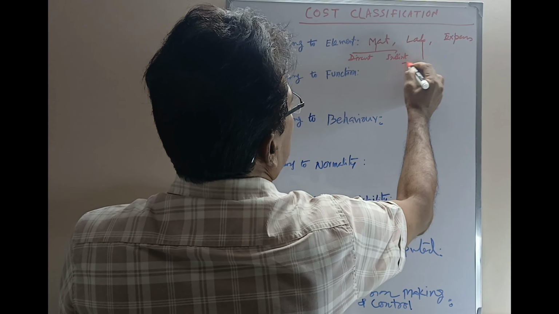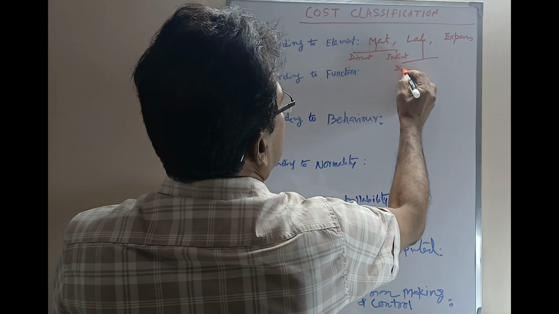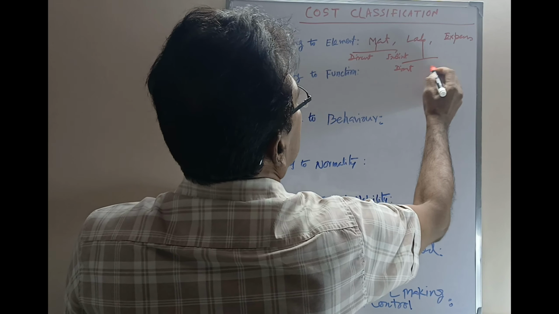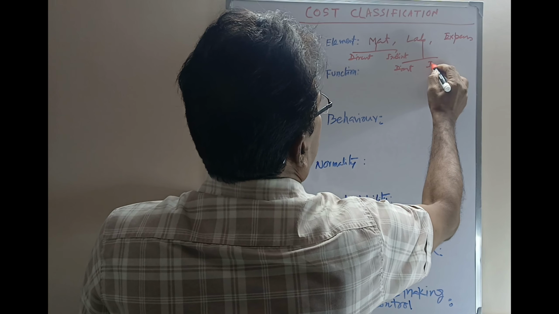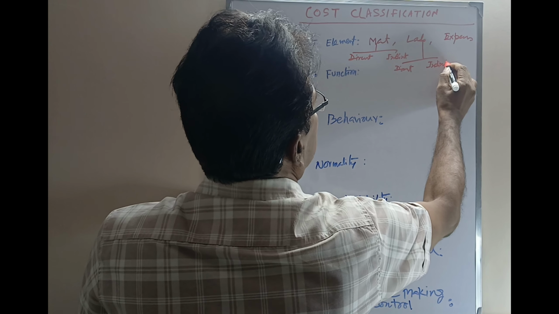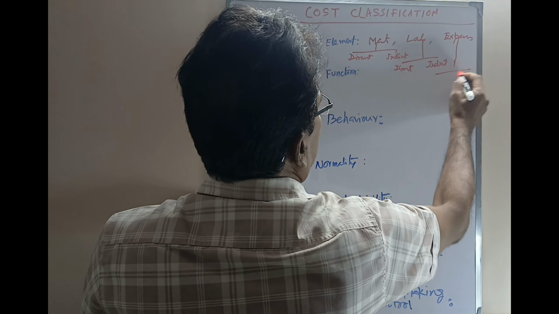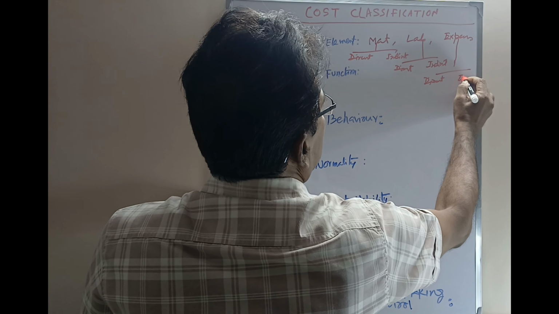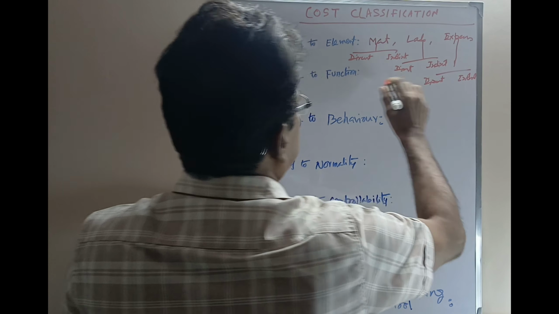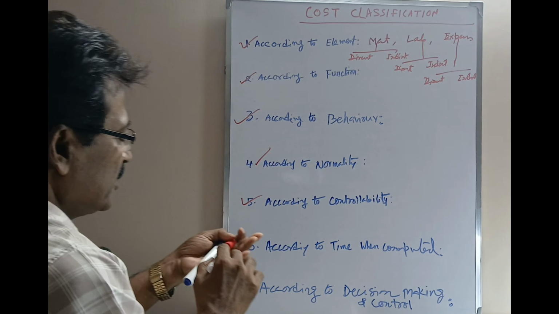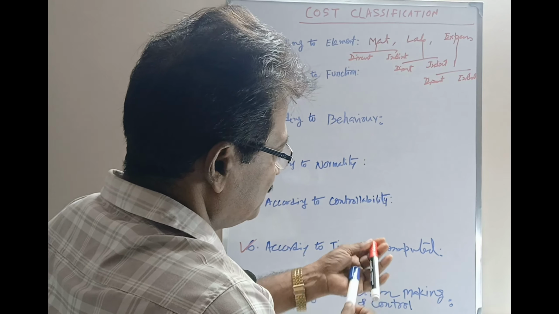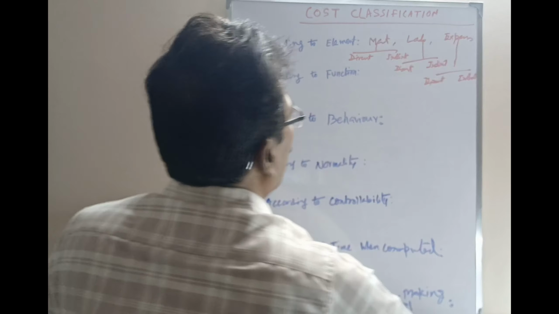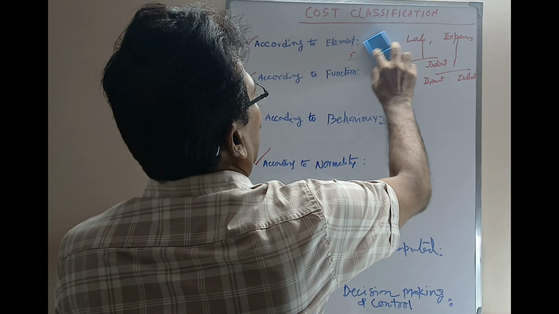Labor is also divided in the same way: direct labor and indirect labor. Expenses are also divided in the same way: direct expense and indirect expense. These elements of cost we have already discussed in detail in an earlier class.